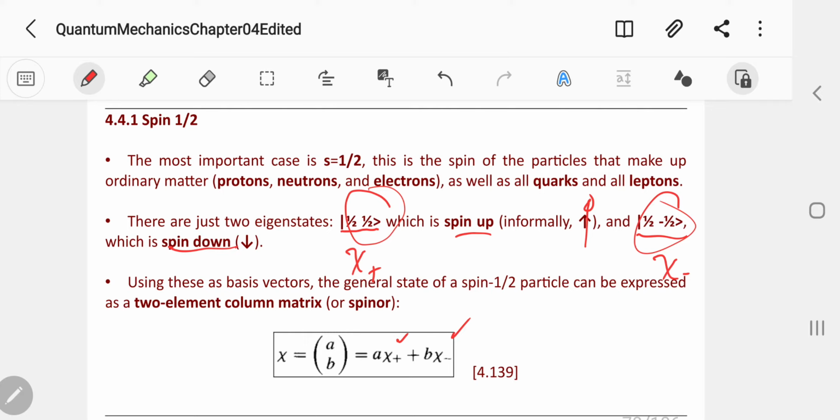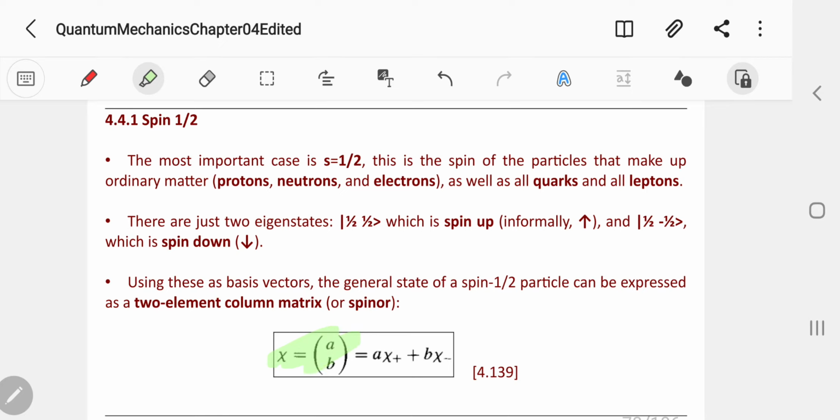And for a general state of spin 1/2 particles, you can express that as a sum of this spin and this spin. So you can write it like this.